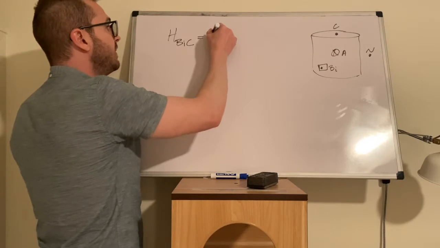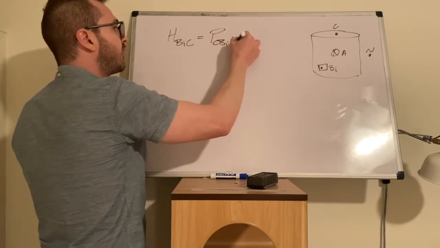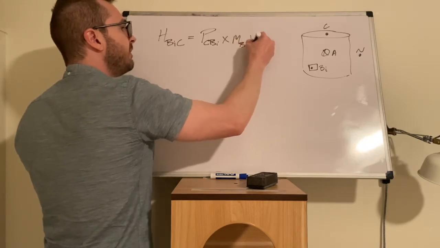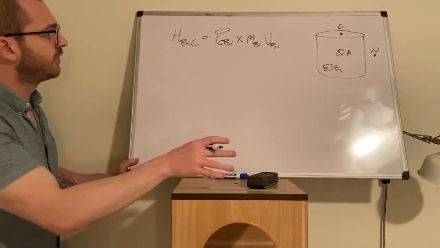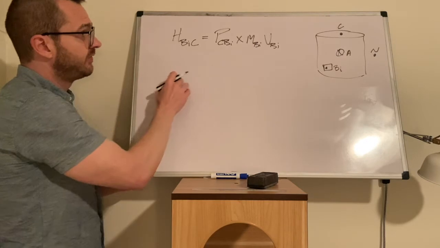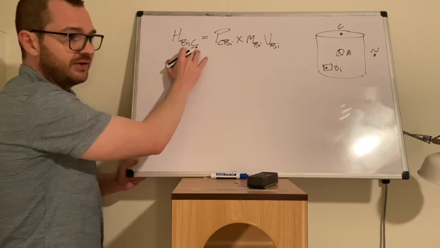This is the position vector from C to B sub i cross the linear momentum of B sub i. So here is the angular momentum of just that one point B sub i with its mass about point C.